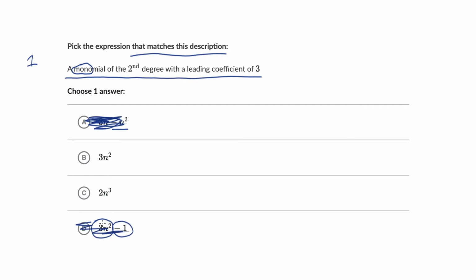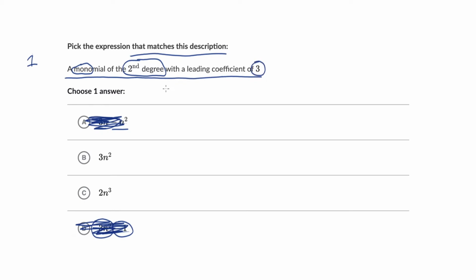It's a big no, because the question is asking us for one term, a monomial. And it's asking for a monomial of the second degree. Wow, what does that even mean? Well, it's just a fancy way of saying to the second power. And it's asking with a leading coefficient of 3.